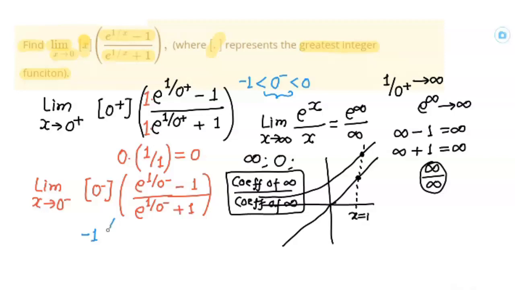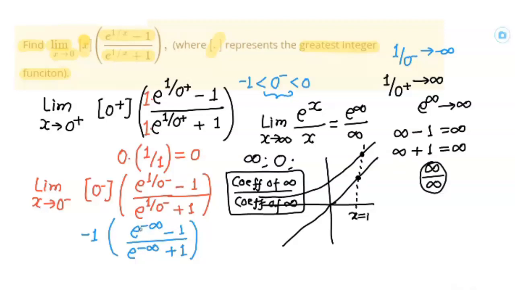Now see, 1 upon 0 plus is plus infinity, and 1 upon 0 minus is minus infinity. So this will become e to the power minus infinity minus 1, upon e to the power minus infinity plus 1. Both have the same infinity.